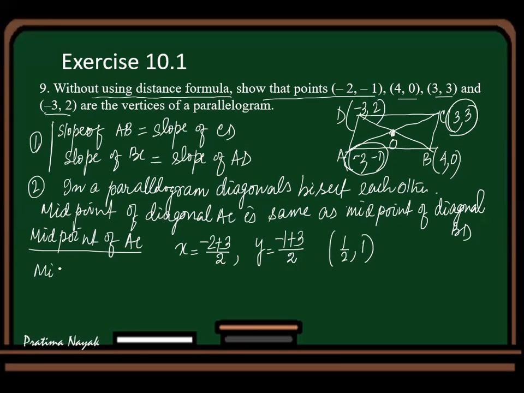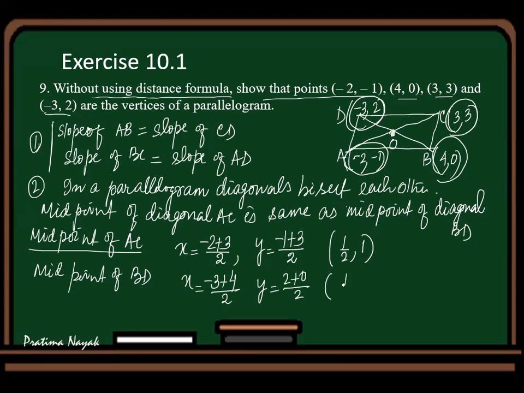Similarly, I'll go for the midpoint of BD. So I'll take now B and D. So (x1 plus x2) by 2, (-3 plus 4) by 2, and y will be (2 plus 0) by 2. Are you getting the same point? Yes, certainly you will get. So hence ABCD is a parallelogram.